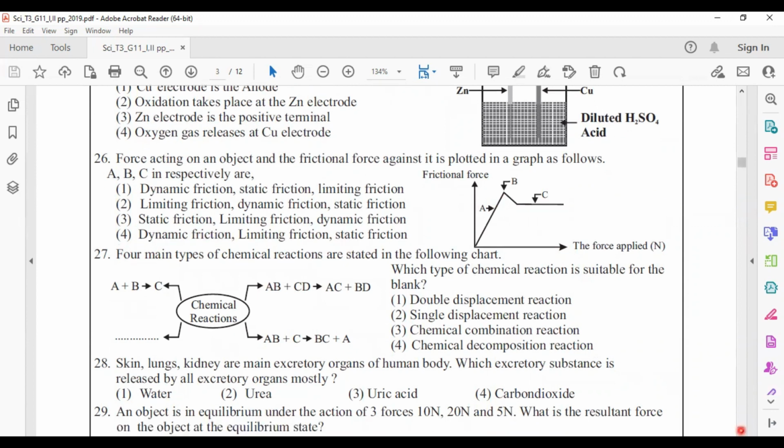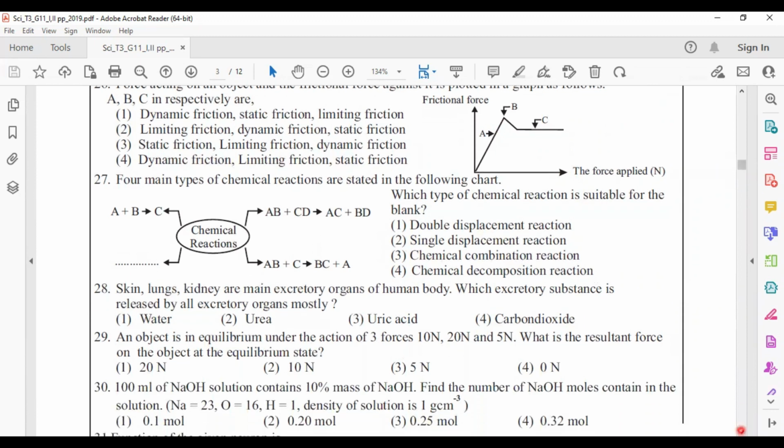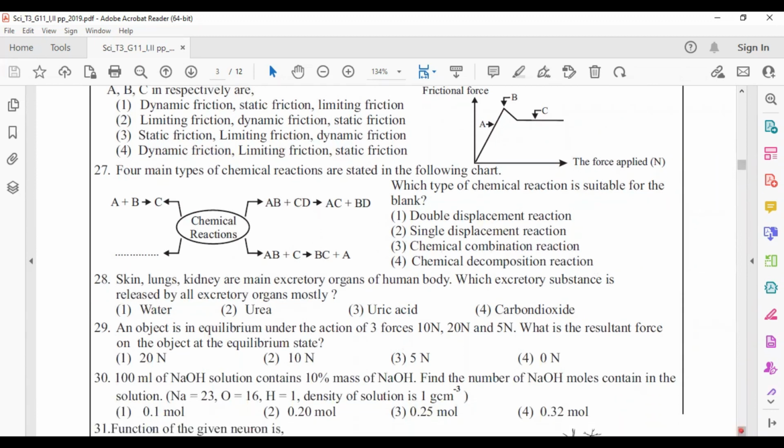27. Four main types of chemical reactions are stated in the following chart. Which type of chemical reaction is suitable for the blank? Here, first one, A plus B into C means two things are combining to form a new one. It is the chemical combination reaction. A B, C D, A C, B D. Two compounds are sharing their things.